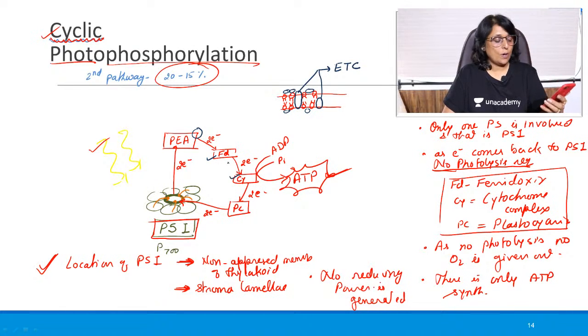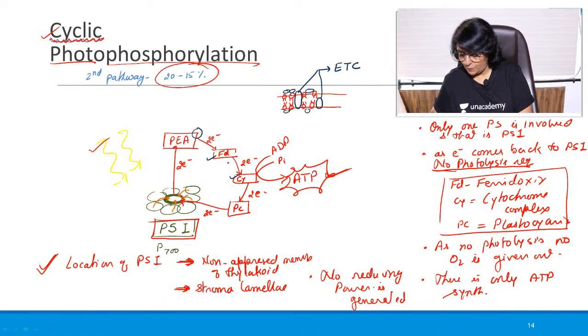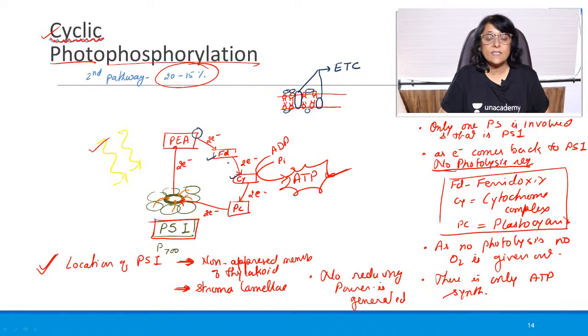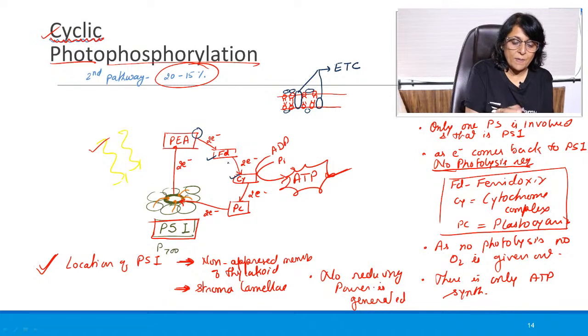Alright, so if no doubt in this part, then we will start with the dark reaction, that is Calvin cycle, C3 cycle. There are many names.